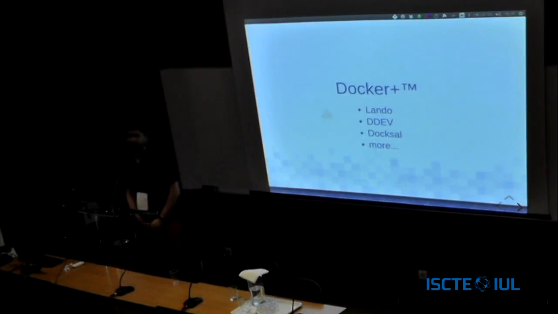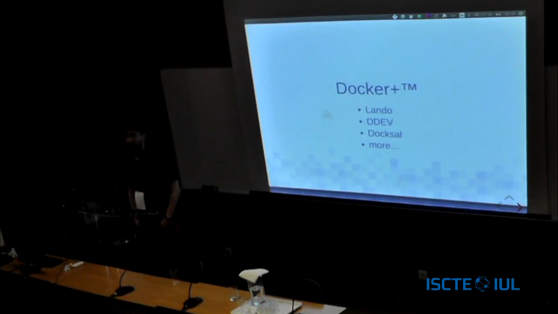This is a conflict I have stumbled upon many times, especially with freelance developers who are used to using one or another and have a problem when they start working on the second, third, fourth project, because the companies they work for use different tools, different Docker Plus platforms. Lando, to make it easy for you, wants port 80. ddev, same. Doxal, the same. So to run two applications at the same time, you have to kill one and open another one. It's always like that, and people are sometimes tired of it.